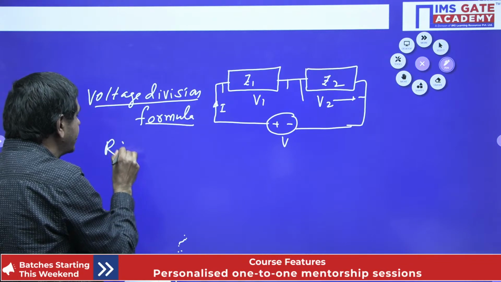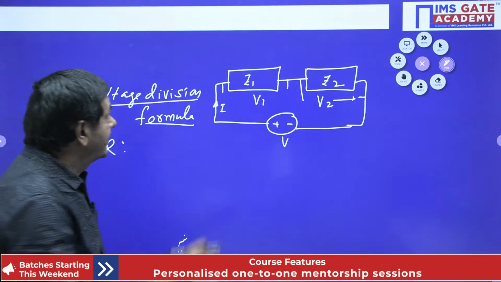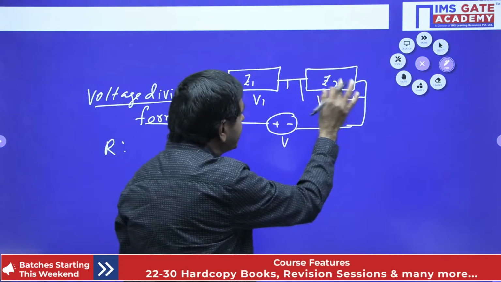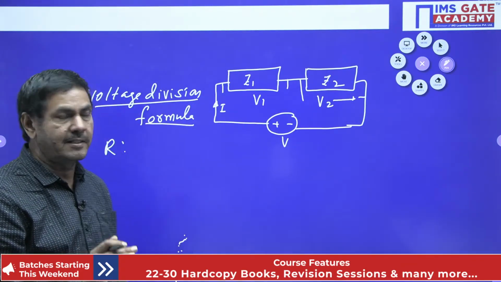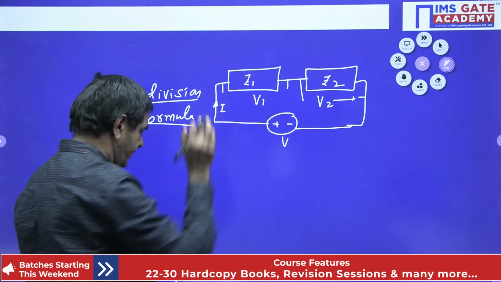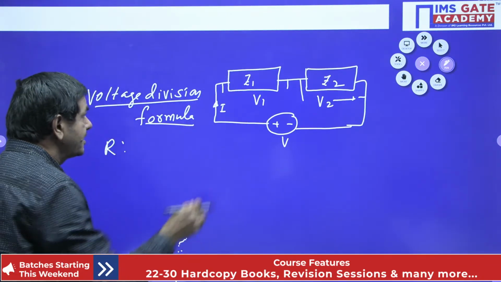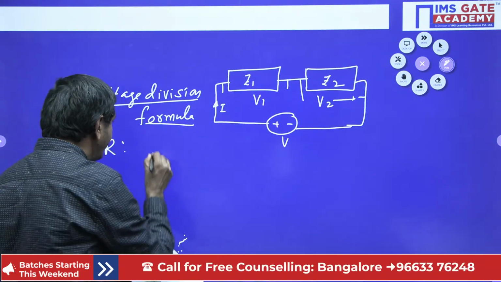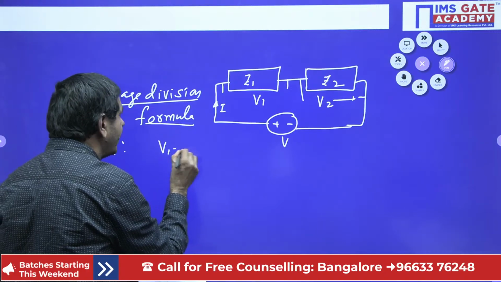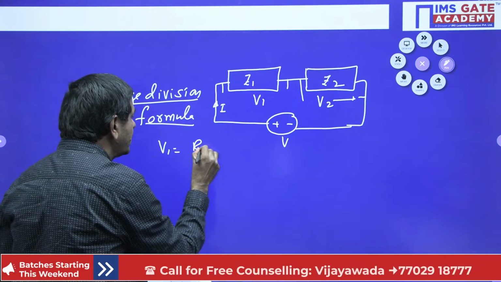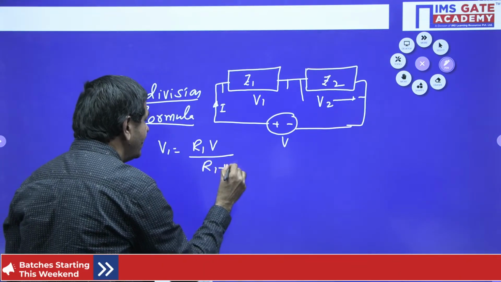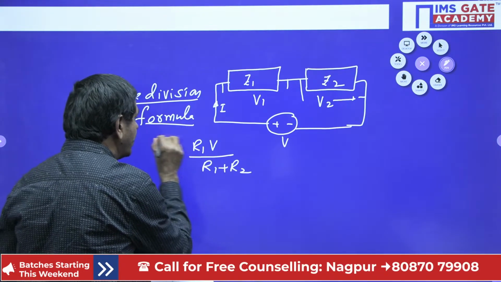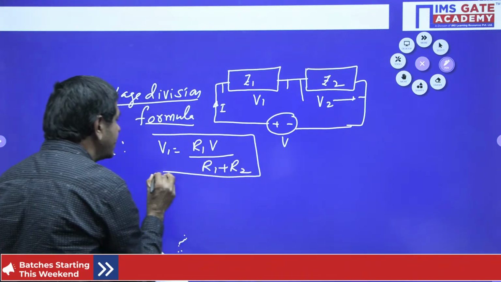Z1 is nothing but R1, and Z2 is R2. The supply voltage V is given. I wish to find the voltage across Z1, that is V1. V1 can be calculated as R1 into V by R1 plus R2. By using this formula, you determine the voltage across Z1.